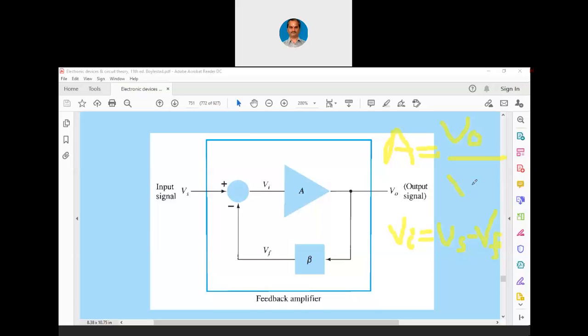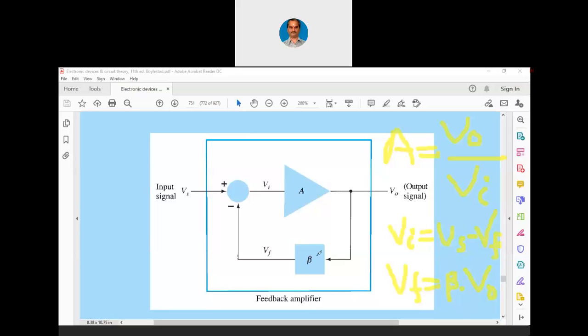A is the gain of the amplifier, that is V0 divided by Vi. And Vi is, as per this block, Vs minus Vf. What is Vf now? Vf is beta into V0.